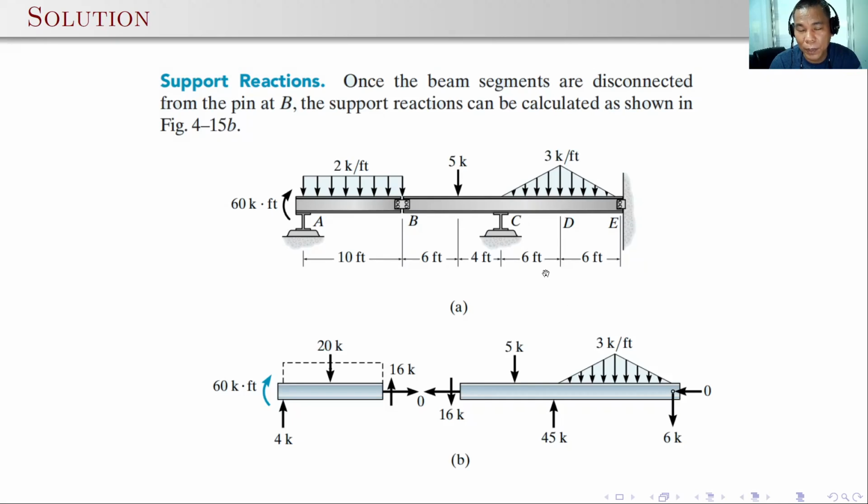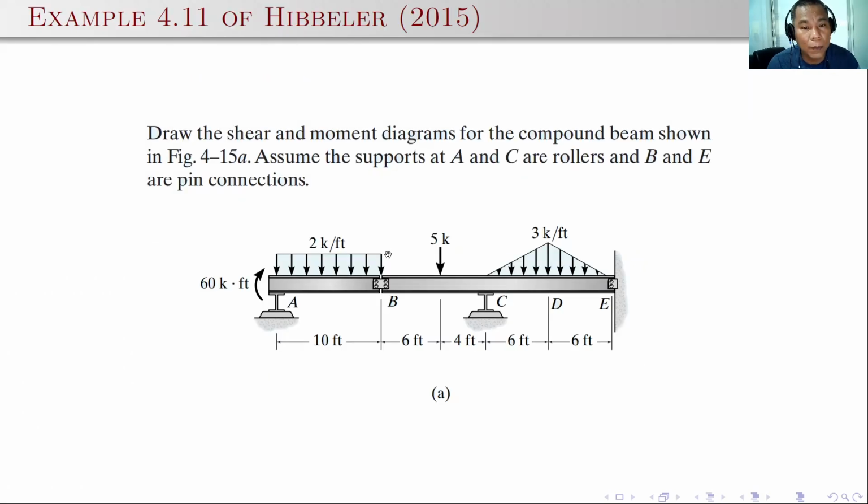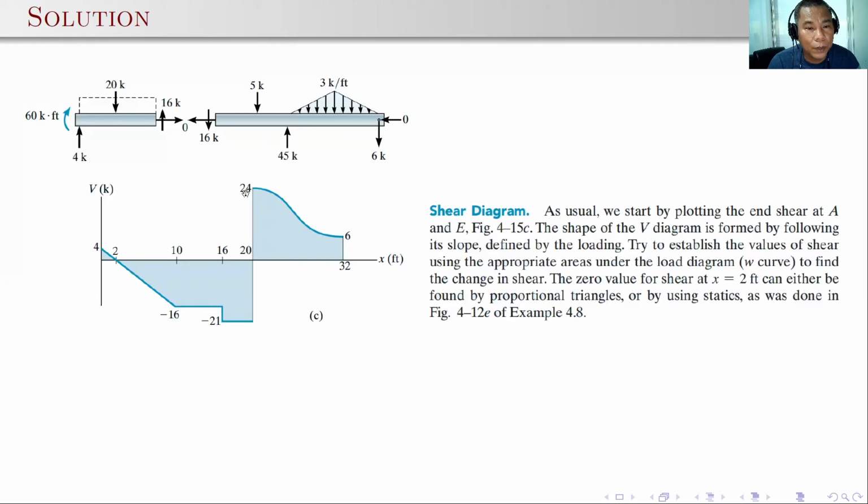So 12 divided by 2, that's 6 times 3, that's 18. So we have 24 minus 18, so the result is 6. We just cross the value of 6 at the right support. So here is the shear diagram of the beam.